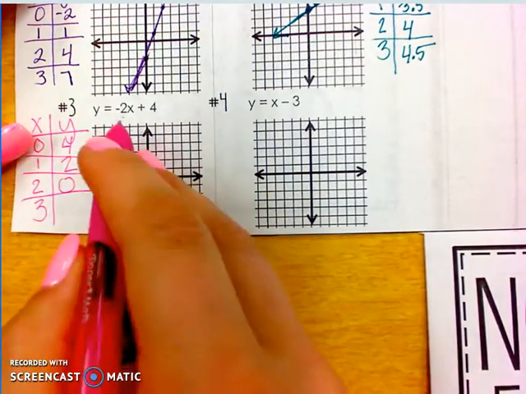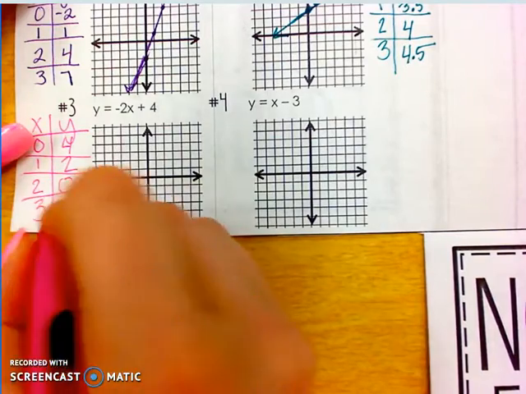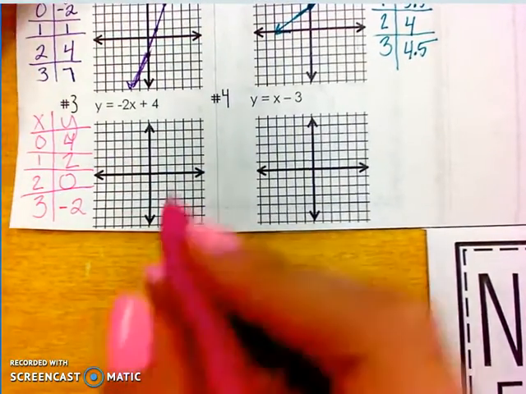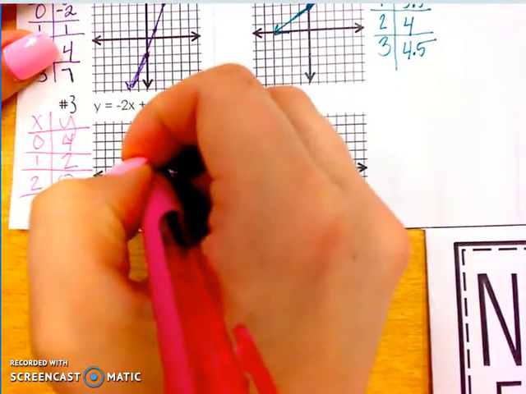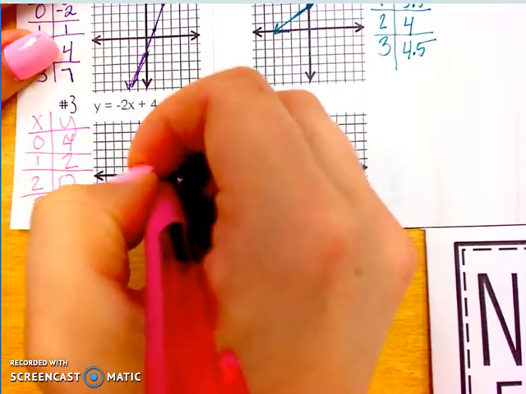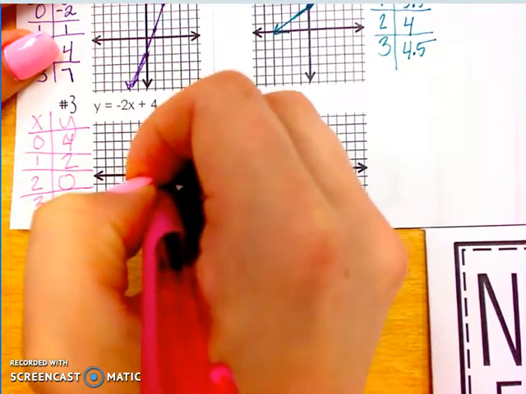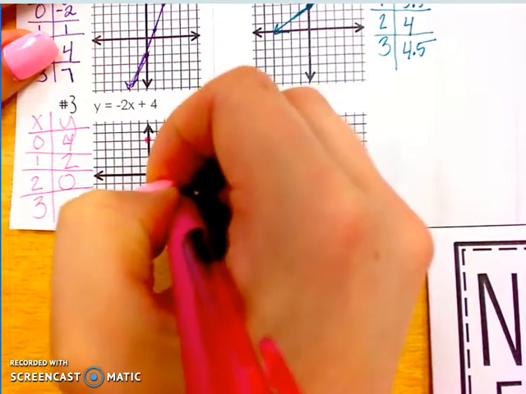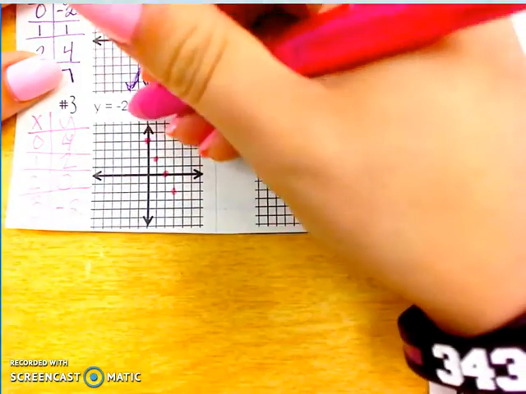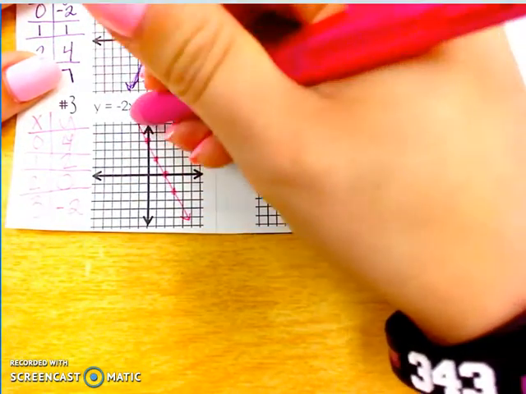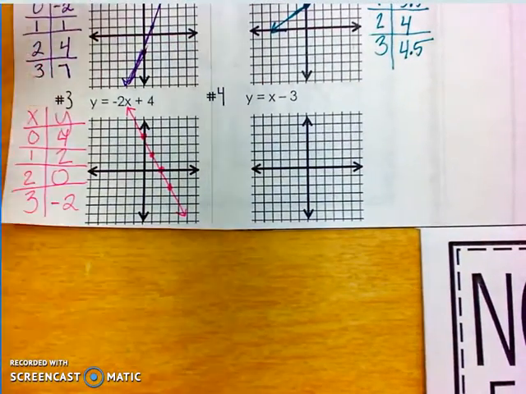And 3 times negative 2 plus 4 is negative 2. See if it's linear or nonlinear. This makes a straight line, so it's linear.